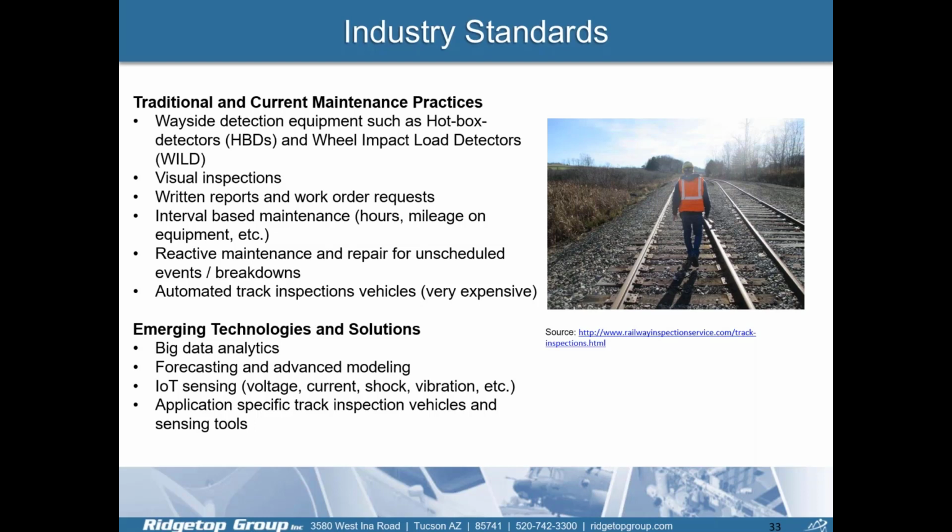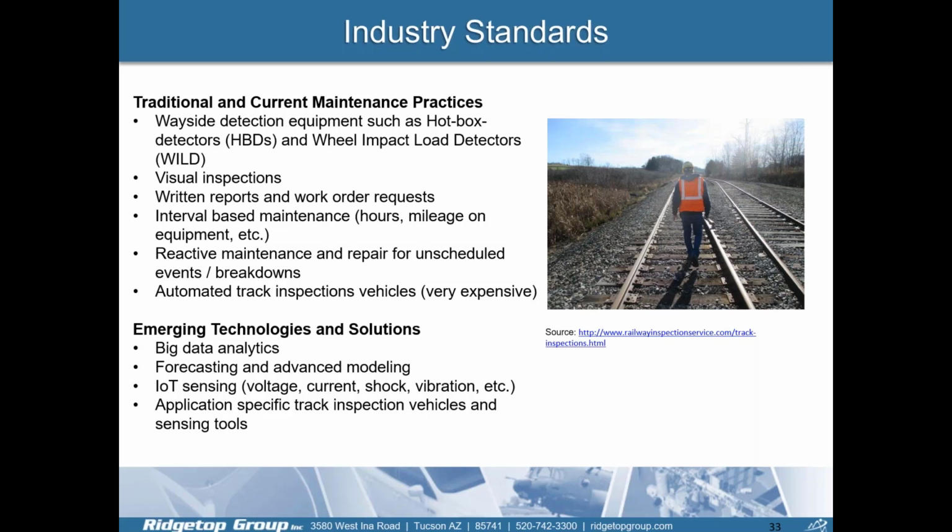Another common practice is interval-based maintenance, where you replace equipment or components based on a number of hours or mileage. And then there's reactive maintenance, so when things actually do fail or degrade, that causes an unscheduled breakdown, and that's very costly in the railroad industry. There are also automated track inspection vehicles, which are typically very expensive, and they vary across the board in terms of their sensing capabilities.